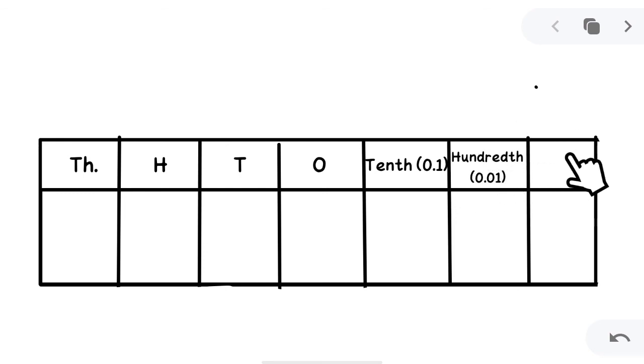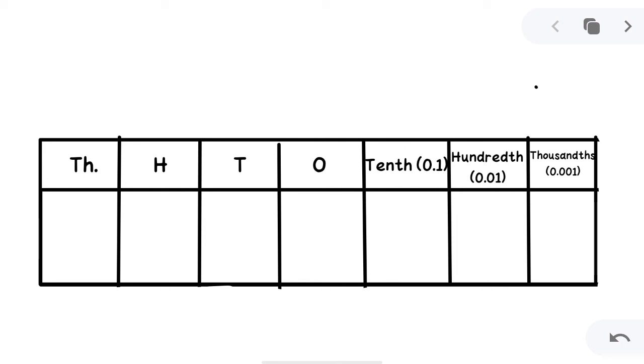Similarly the next will be our thousandth place and it will be represented as 0.001. As we have three zeros in thousand, that's why here after decimal we have three numbers, that is 001, and this series will go on as we move further. So this was the place value system for the decimals.